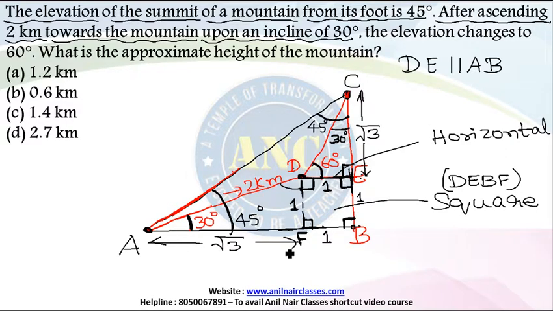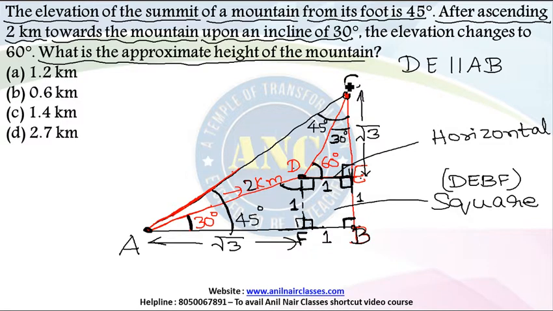Just stop for a minute and think a little logically. Opposite to 30 is 1. Opposite to 60 is √3. Opposite to 90 is 2. That also is given in the question anyway as 2 itself. So I don't need to multiply by any factor other than 1. What is the question? What is the approximate height of the mountain? That means they are asking the BC value.